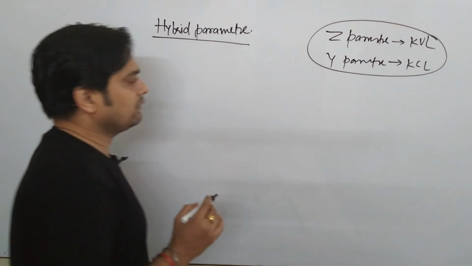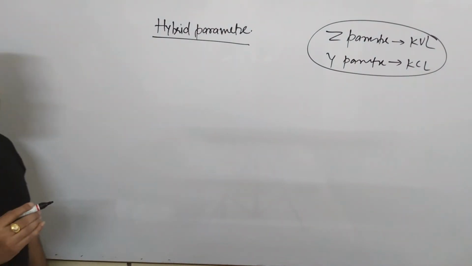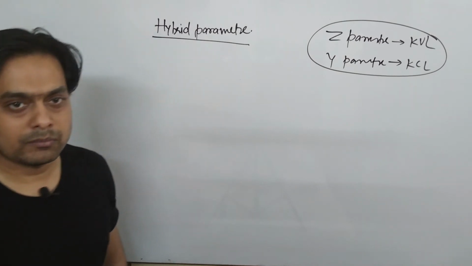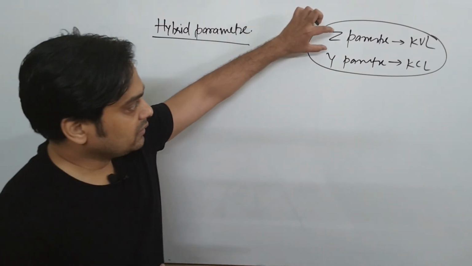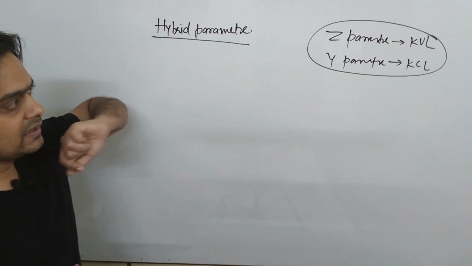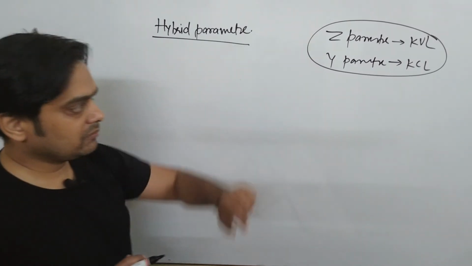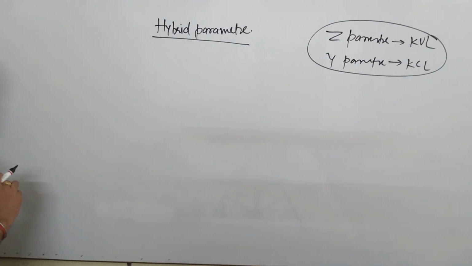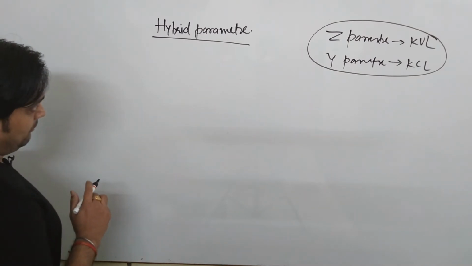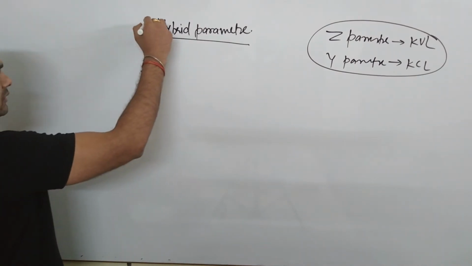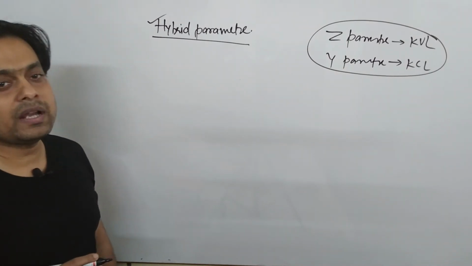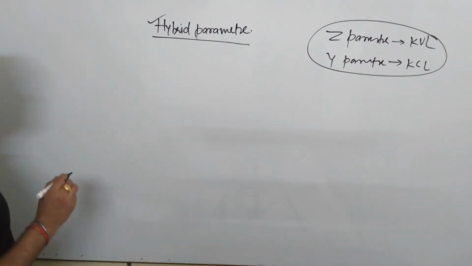In Z parameters we wrote the equations in the form of V1 equal to Z11 I1 plus Z12 I2, like that. In Y parameters we wrote them in the form of I1. Whatever the two equations in Z parameters, they are KVL equations, and the two equations in Y parameters are KCL equations. Just keep in mind. Now come to the hybrid parameters, again an important class of parameters, the most widely used, and that is why it is referred to as hybrid. We will see why it is known as hybrid parameters.